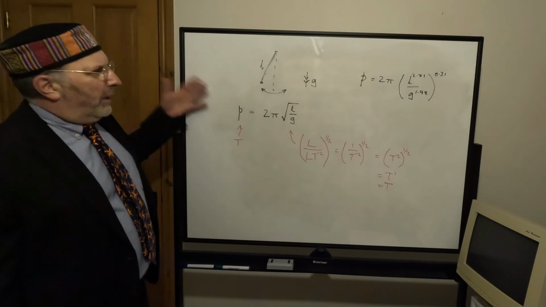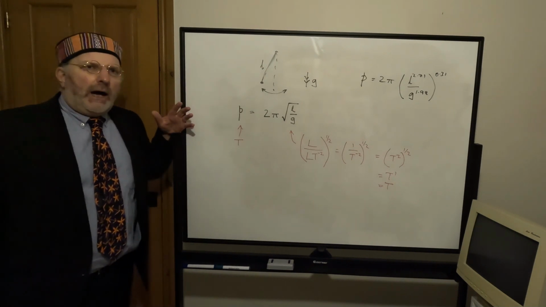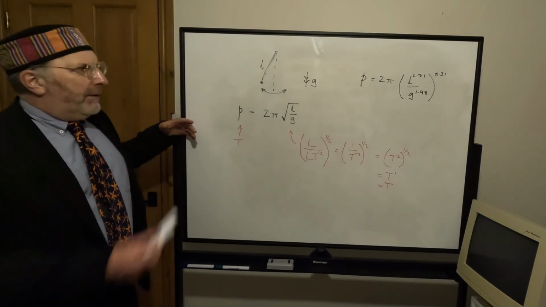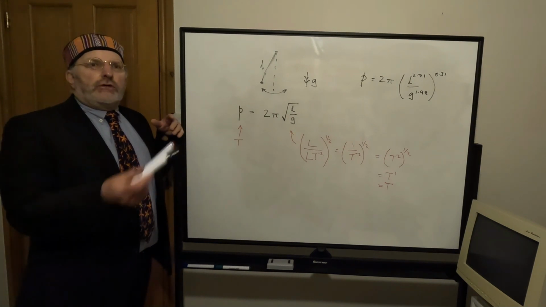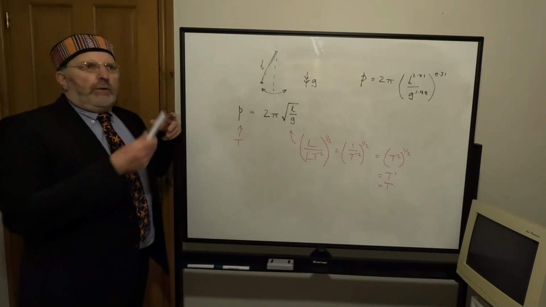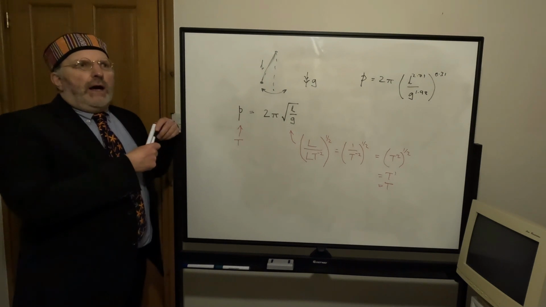And this works in physics, but it should also apply in theoretical history. Now, we don't know necessarily what the dimensions are in theoretical history. I don't think anyone's particularly defined those yet.